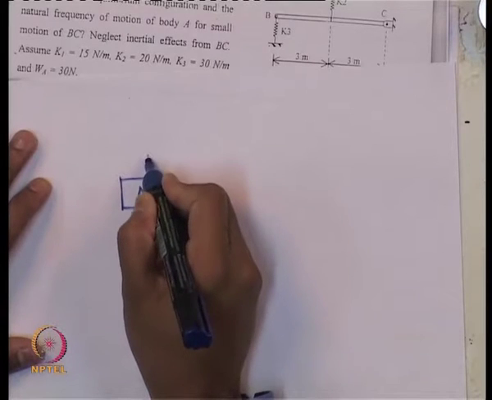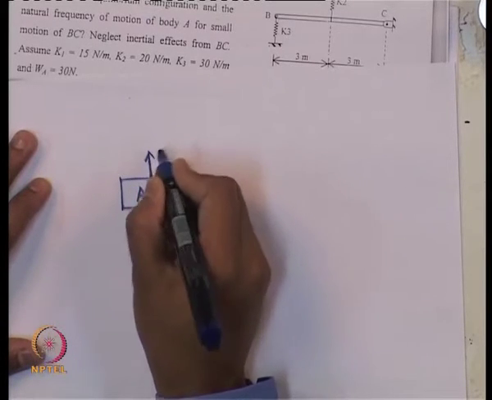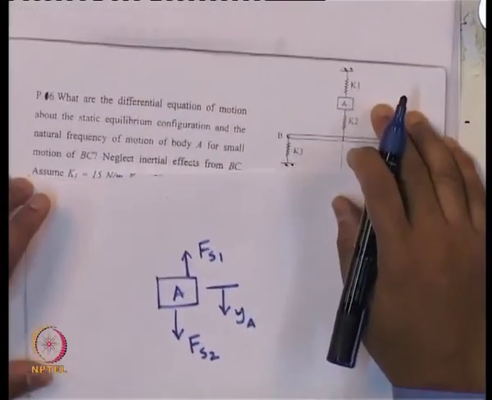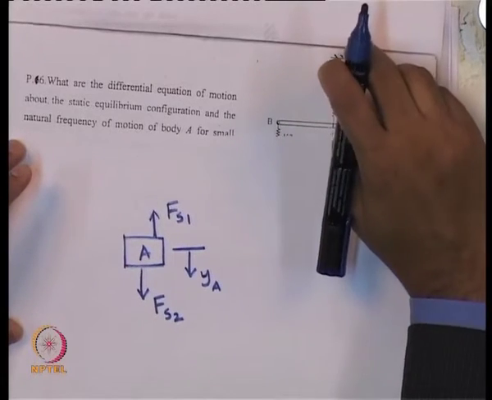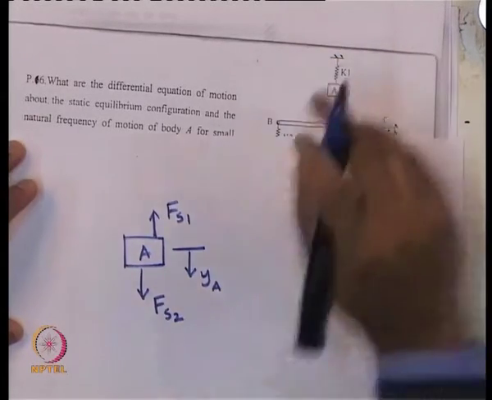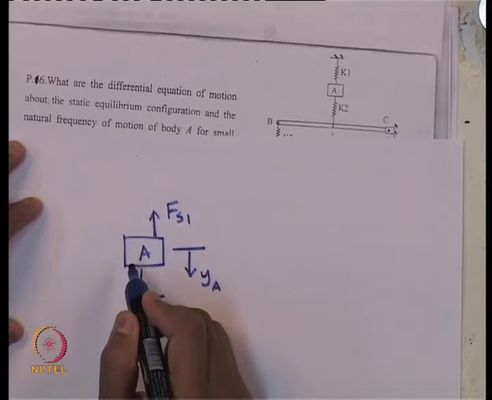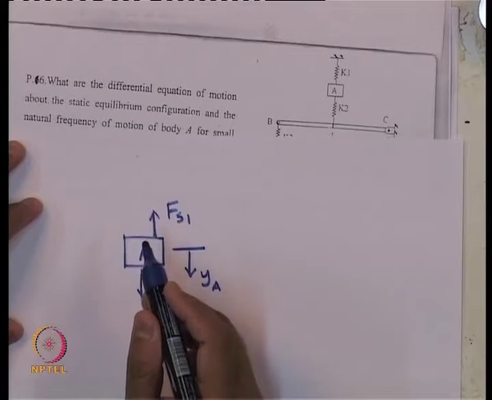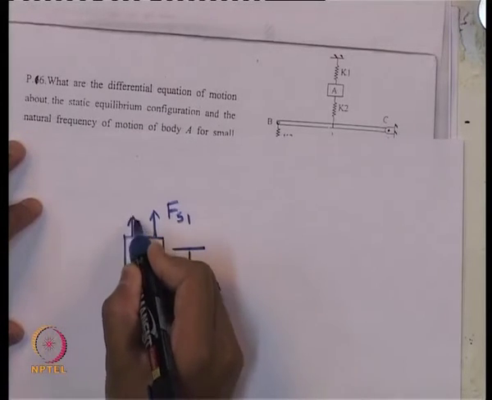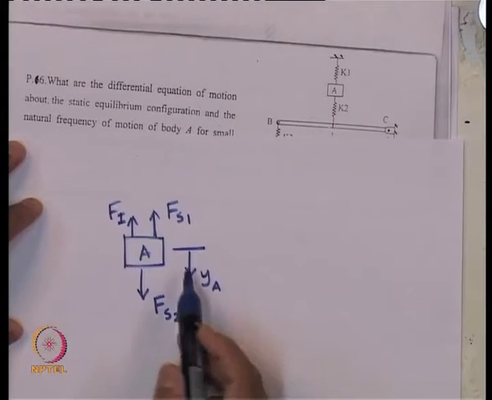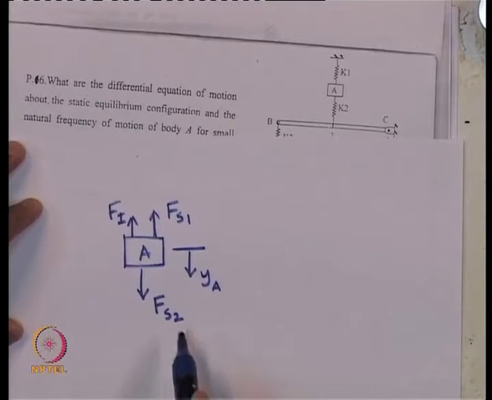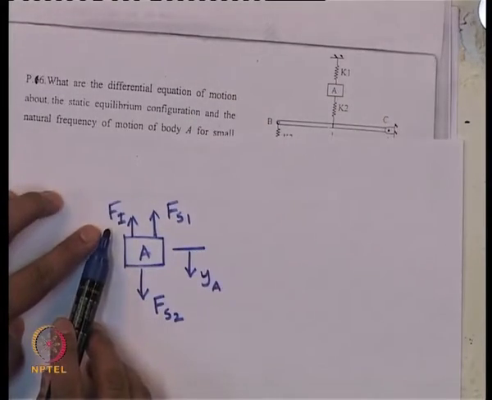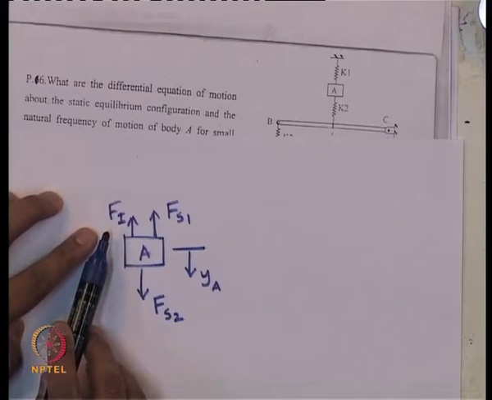There will be another spring force, which is F s 1 for the presence of the spring k 1 here with another end as the fixed end. And as this is a mass, it will be subjected to an acceleration because of the vibration. It will have an inertia force also. As the movement is considered in the downward direction, it will try to bring it back to its original position. So, that is why the direction of F I is vertically upward.